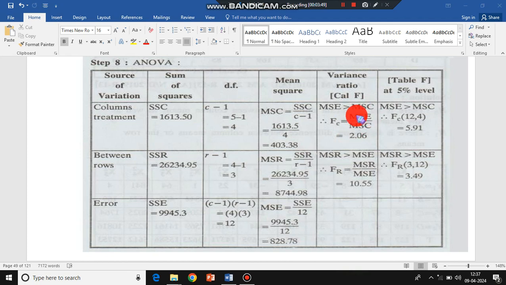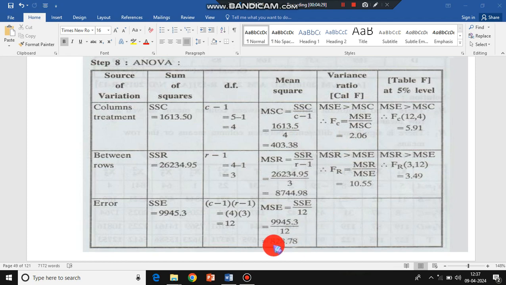The greatest number among these two is 828.78, and the smallest number is 403.38. So MSE we write in the numerator, and MSC in the denominator.